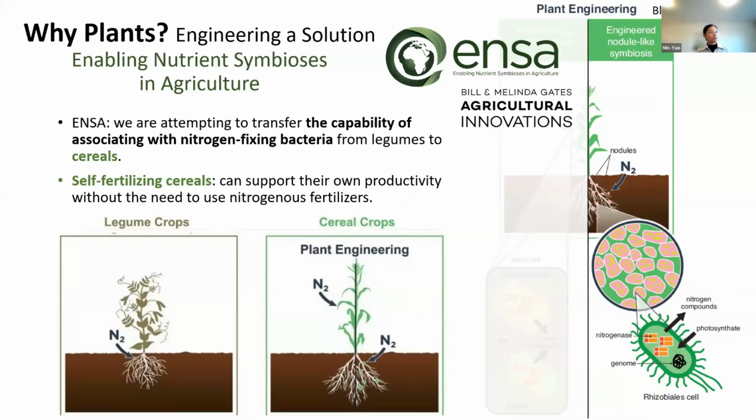This is a very specialized interaction between plant and microbes, so it does not exist in all species. We are trying to transfer this capability from legume species to cereal crops.